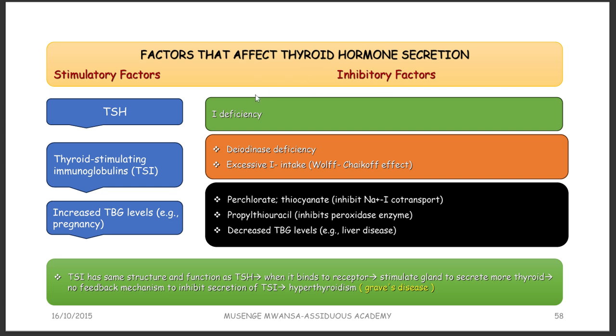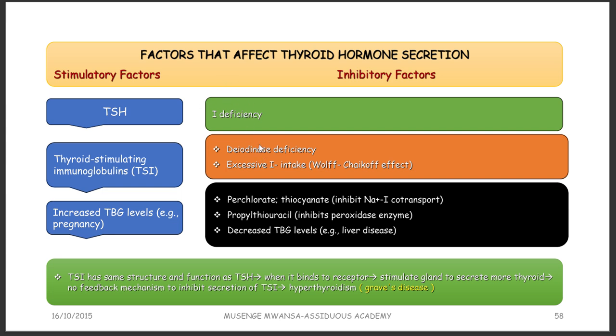But on the inhibitory side, if you don't have iodine, you will not produce the hormone. Actually, when you have more iodine, it is an inhibitory factor. But thyroid stimulating hormone is going to be released to cause the uptake of iodine.